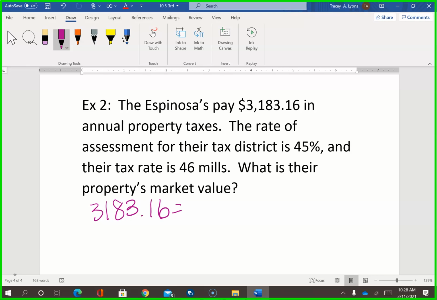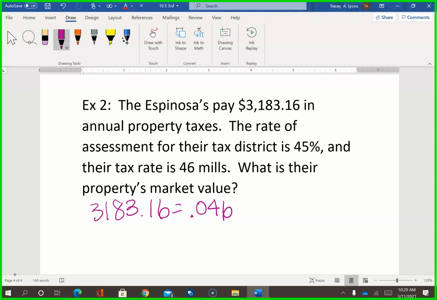So on the right, it would be the mills, which would be 0.046, or you could do 46 divided by 1,000. Those are the same. Then we need to multiply it times a certain amount and also times the percent. If you wanted to break it into two things, you could.